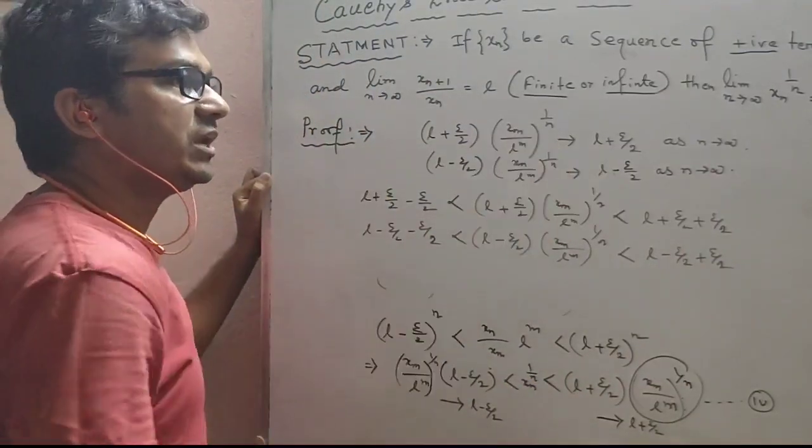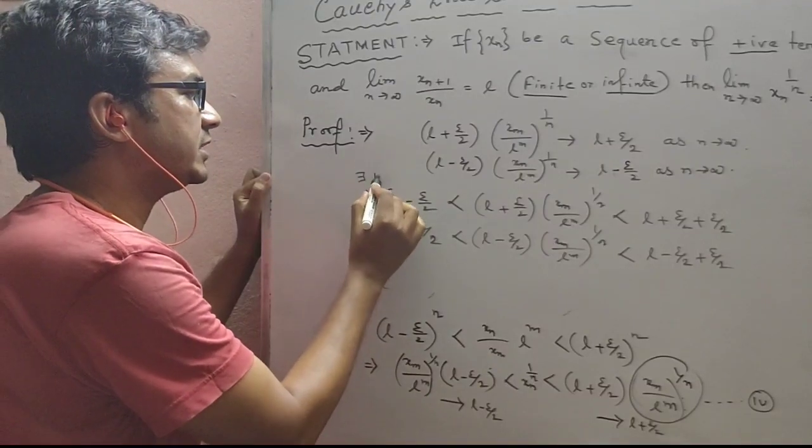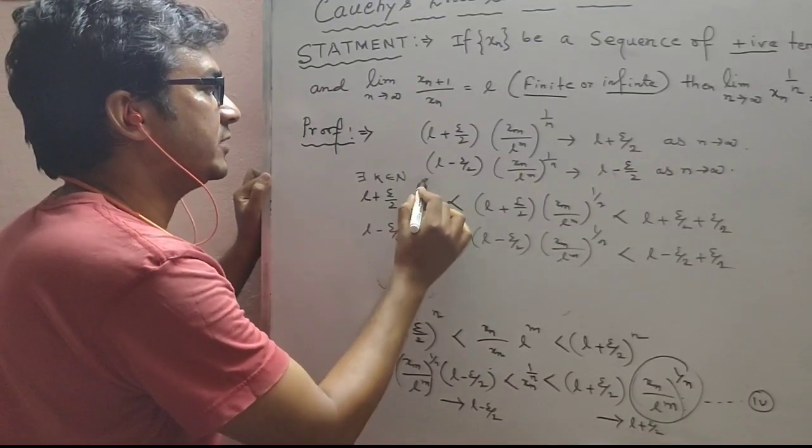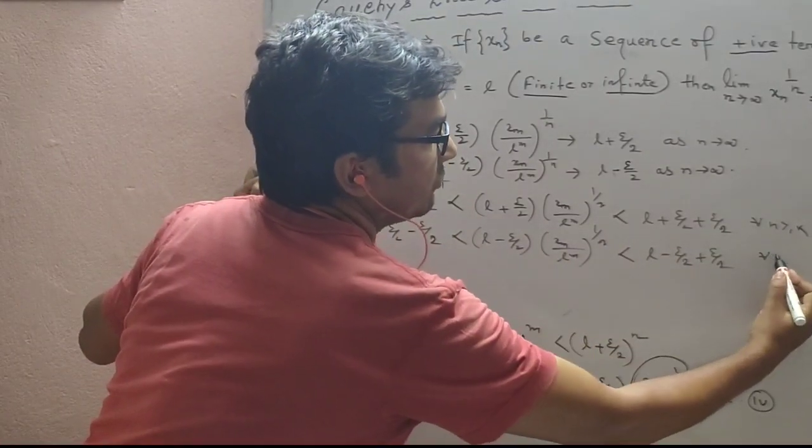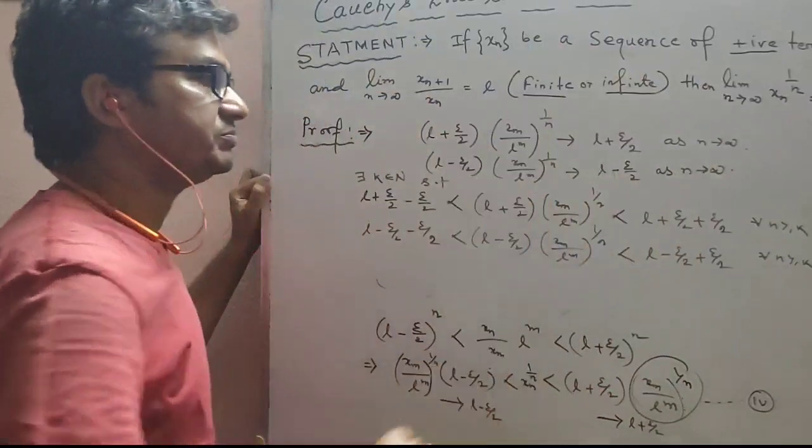And for both the limits there must exist k belongs to capital N such that for all n greater equal to k.